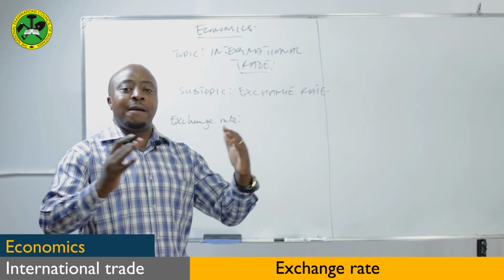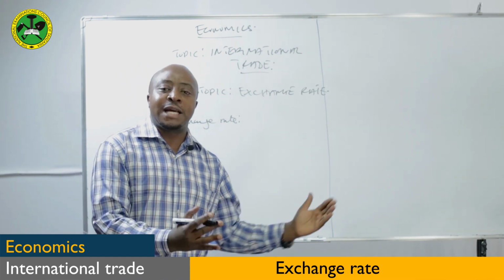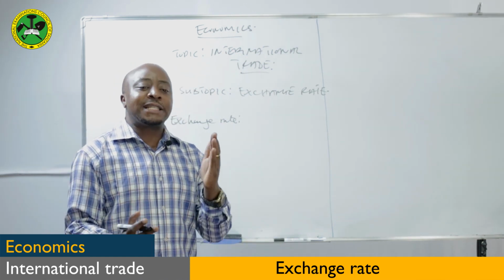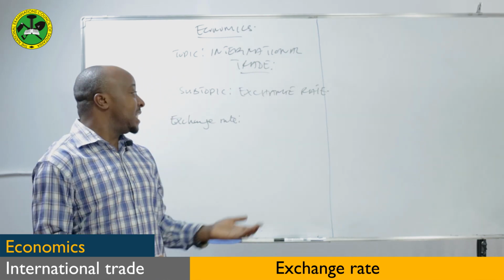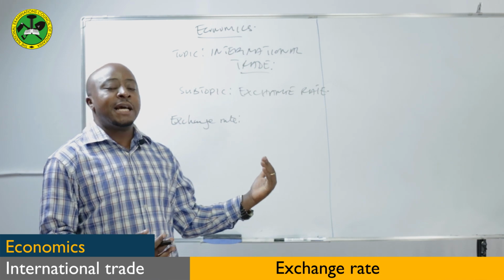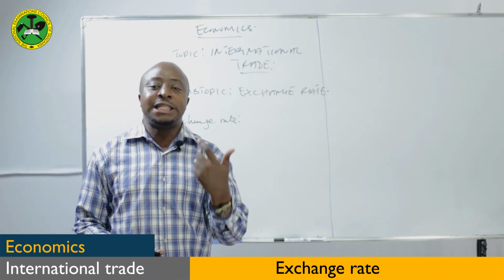Because, as I said, in the modern economy, foreign currencies and domestic currencies are bought and sold like other commodities. Now, in exchanging these currencies, we need to have the so-called exchange rate.